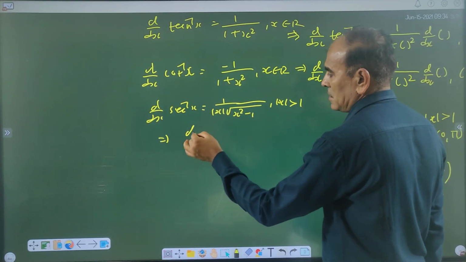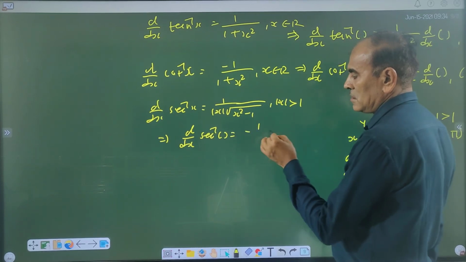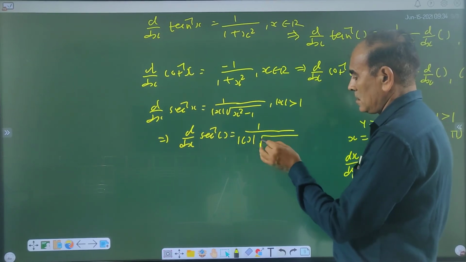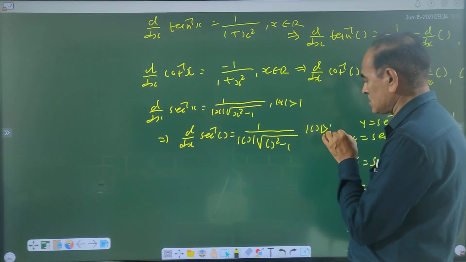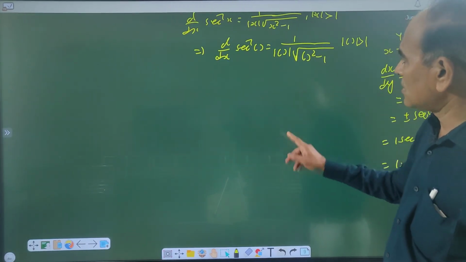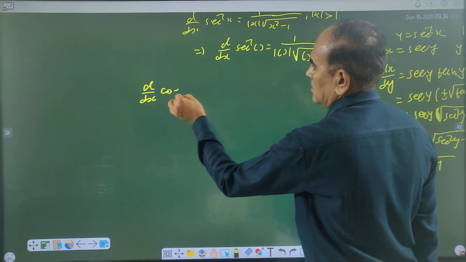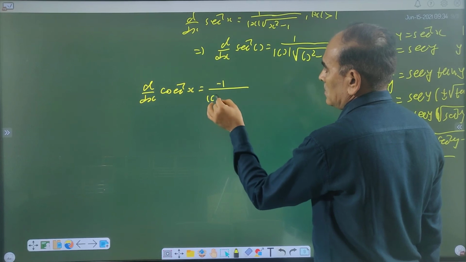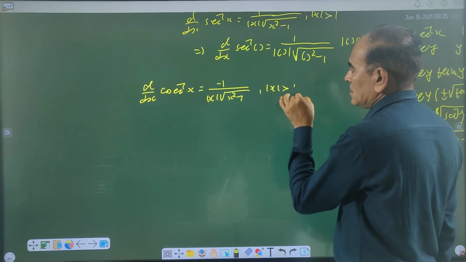How are we going to remember it? d by dx of sec inverse of some function is 1 over magnitude of the function under root function square minus 1, magnitude of the function greater than 1. Same way, what is cosec inverse? d by dx of cosec inverse x is minus 1 upon mod x under root x square minus 1, mod x greater than 1.